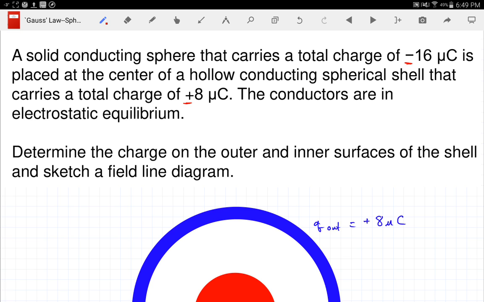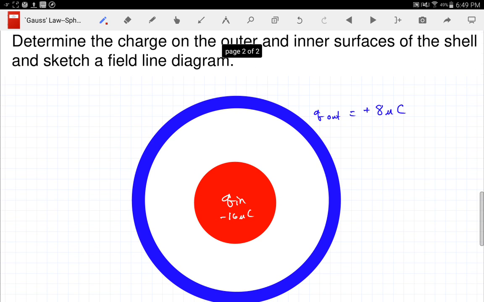The conductors are in electrostatic equilibrium. That means that nothing's moving around, they're just sitting there stationary. We have strings attached or something to hold them in these positions. And then our job is to determine the charge on the outer and inner surfaces of the shell and sketch a field line diagram. So to do this, there's many ways to try to do it, but the easiest way is with Gauss's law.